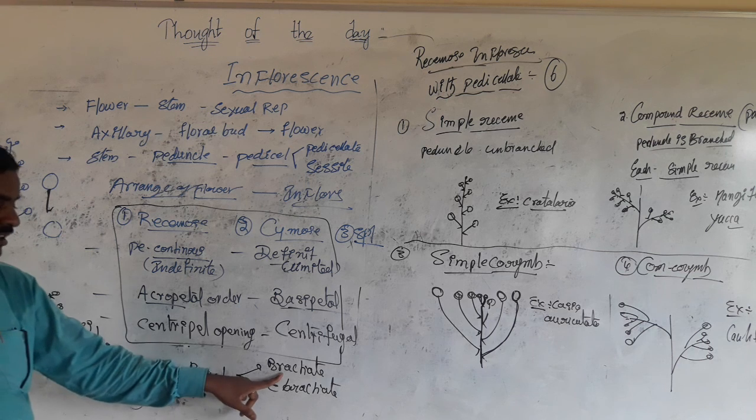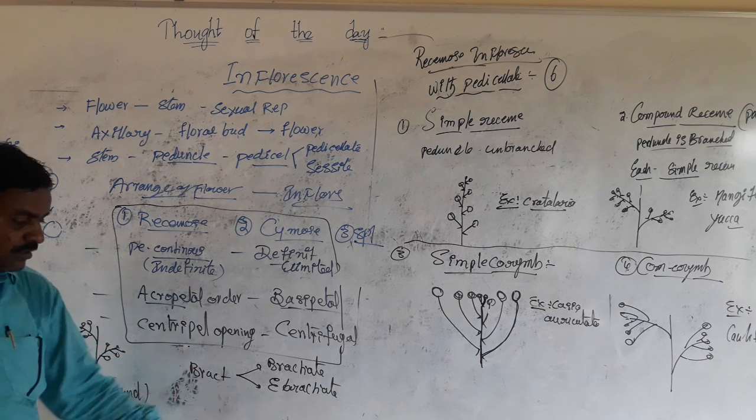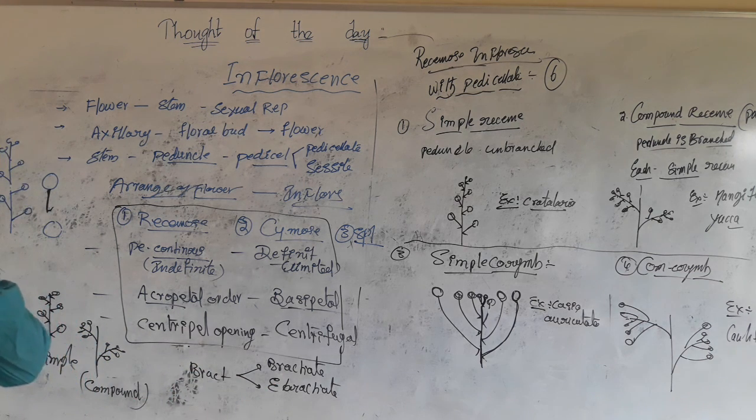With bract is called bracteate, without bract is called ebracteate.